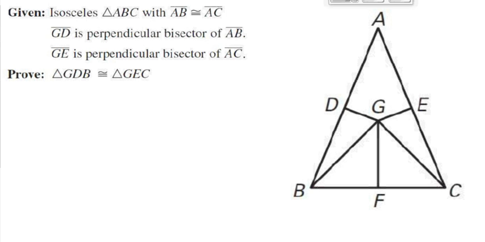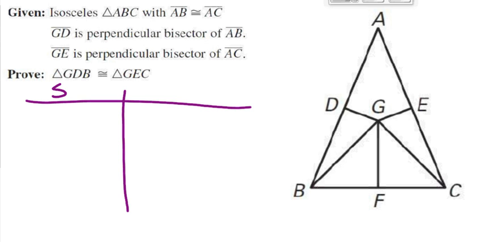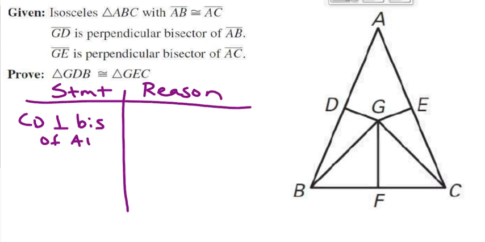All right, given isosceles triangle ABC with AB congruent to AC. So let's start out with our proof, with our statement and our reason. And let's see, GD is a perpendicular bisector of AB. That's given. All right, what is that going to do for me?